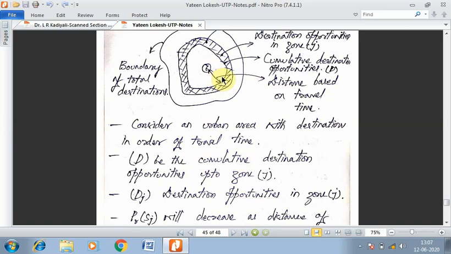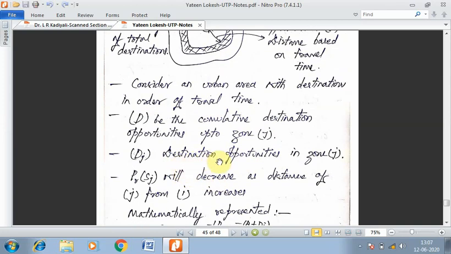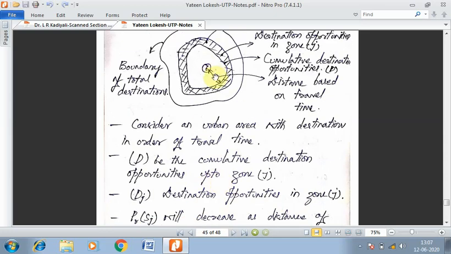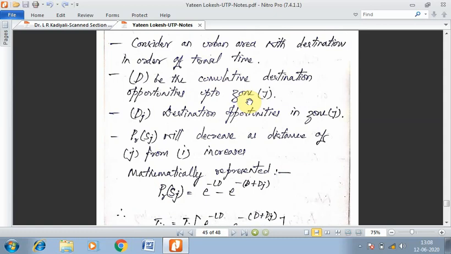D would be the cumulative destination opportunities up to zone J. Similarly, Dj would be the destination opportunities in zone J, and PR of Sj will be decreasing as the distance between zone J and zone I increases. Okay, if this distance increases, then the probability of Sj taking place will decrease.